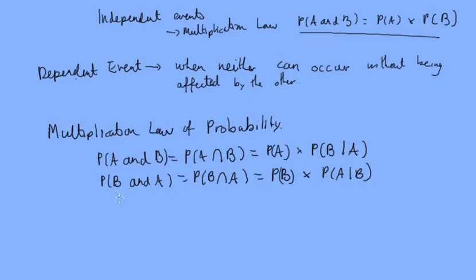Now, what we can deduce from this is the probability of A multiplied by the probability of B given that A has occurred is equivalent to the probability of B multiplied by the probability of A given B has occurred. Let's look at some examples to see how this works.